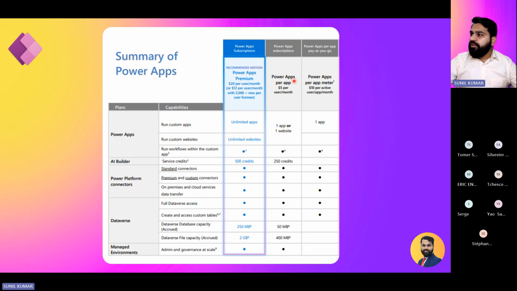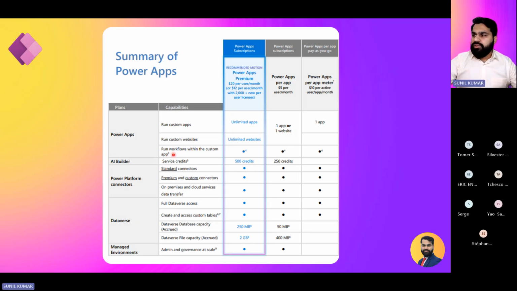When we talk about Power Apps per app licenses, what capabilities does this provide? The users will be able to access either one Power Apps application, or one Power Pages website, but not both. So there is a choice of one.